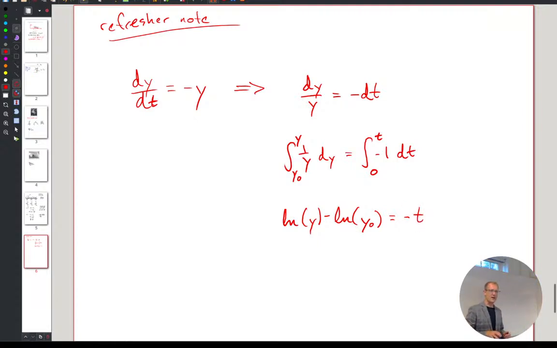So log of y minus log of y0 equals negative t. Log minus log, again, this one's kind of like fancy high school algebra tricks. I'm a math magician. You can take a difference and turn it into a fraction with logs.